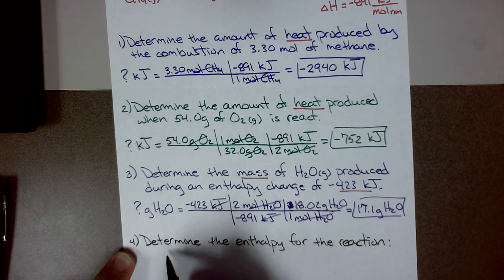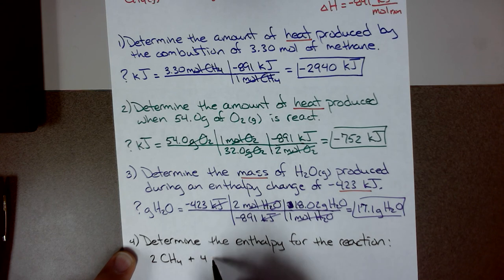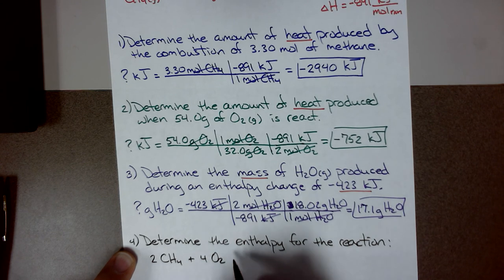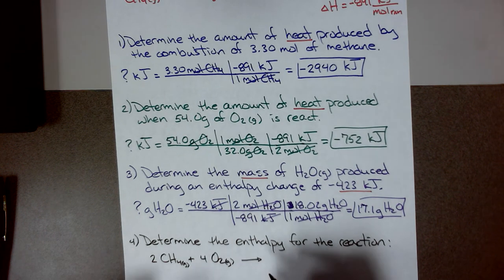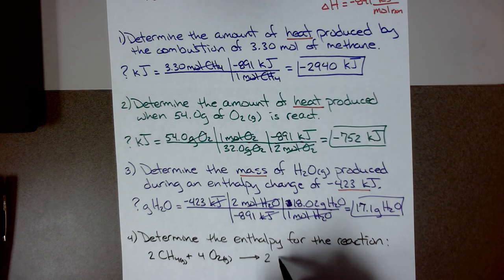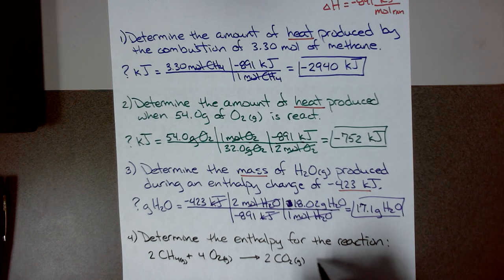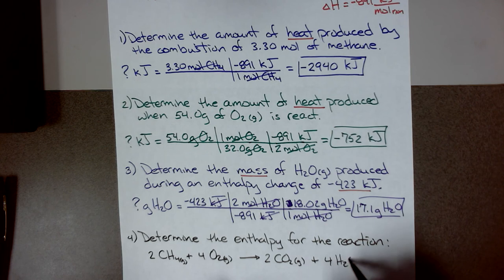Instead of just one, we're going to say 2 moles of CH4 plus 4 moles of O2. This is a gas. This is a gas. Produces 2 moles of CO2 gas plus 4 moles of H2O gas.